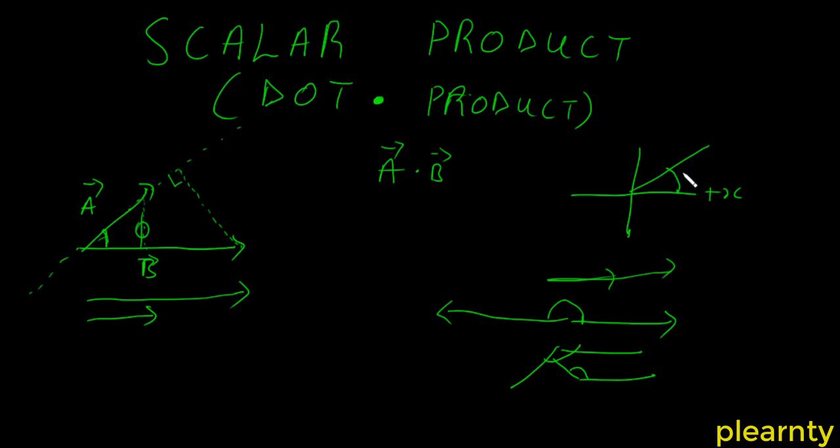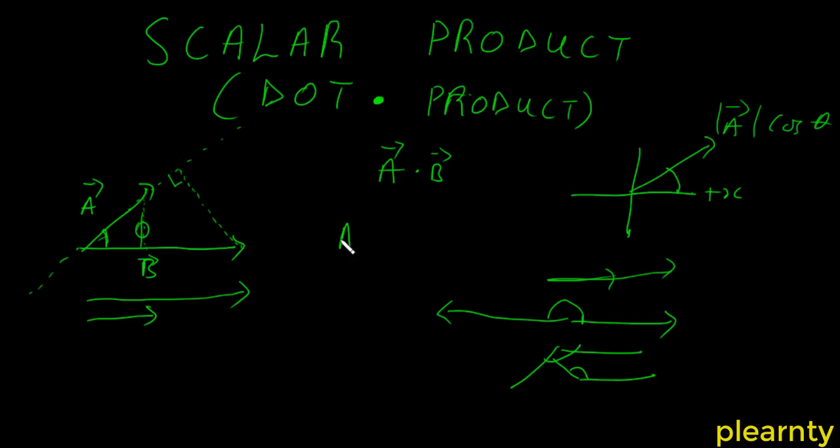So when you say A, the magnitude of A cos theta, it will give you the X component because you start your theta from X. Now you start your theta from B. So when you say A cos theta, or let me call it cos phi, it will give you B.